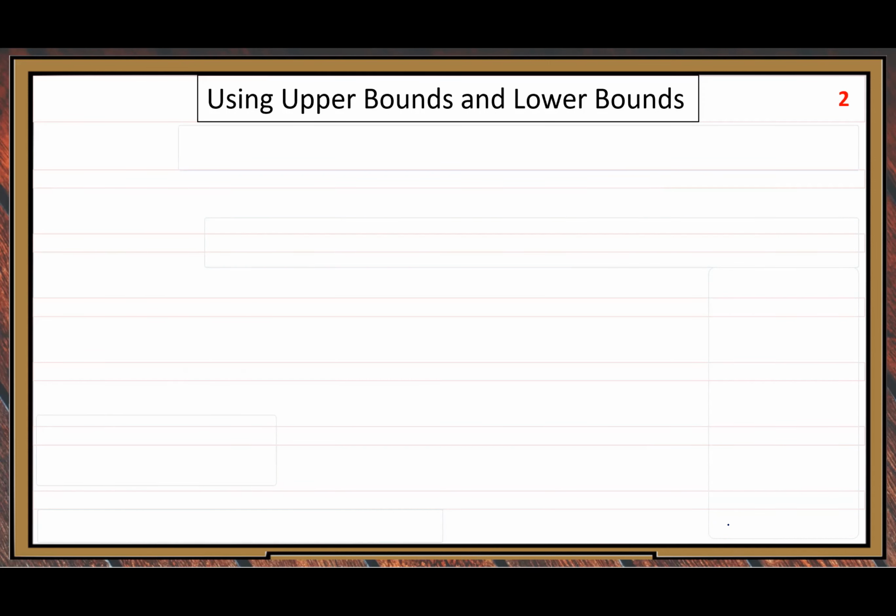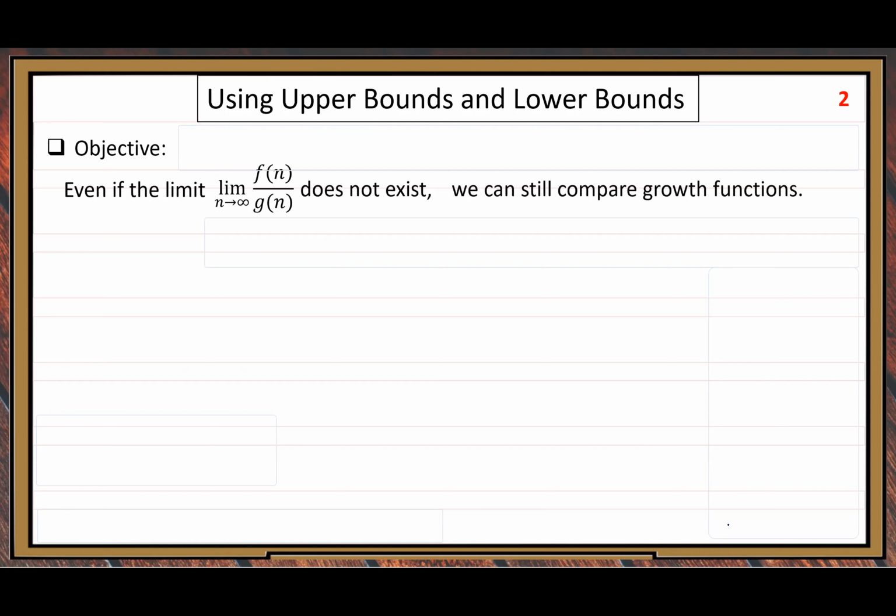When the limit does not exist, we can consider the upper bounds and the lower bounds of the function to compare their order of growth. So when the limit of the ratio does not exist, we can still compare their growth functions.